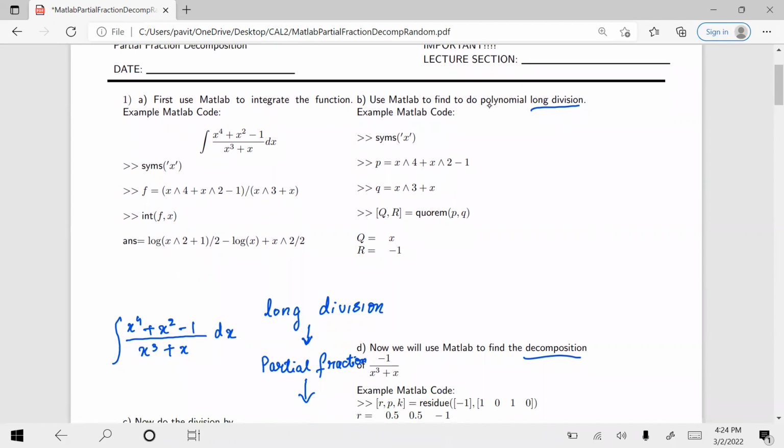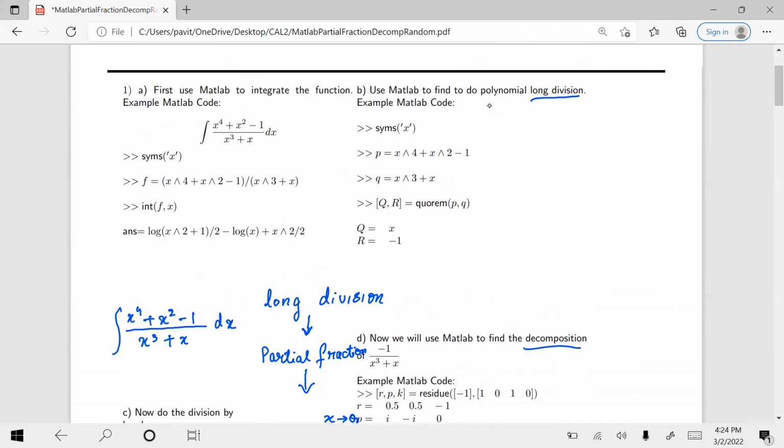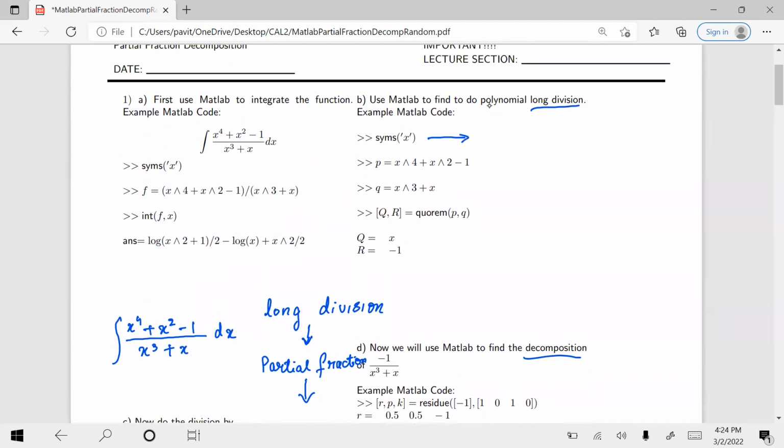Let's see that. I'll just explain the code here, and also I'll be doing this in MATLAB as well. So let me explain the code first. Now we know that we will just say what is X. It is a symbolic variable.